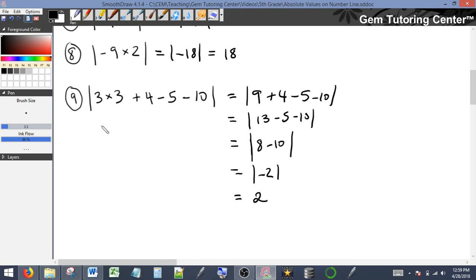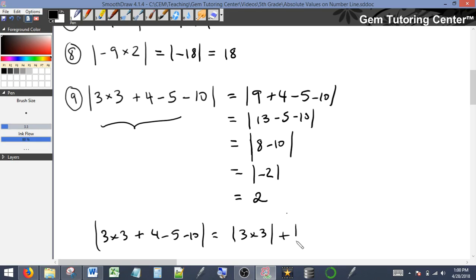So when you see something like this, you might be tempted to say, oh, well, the absolute value of 3 times 3 plus 4 minus 5 minus 10 is equal to the absolute value of 3 times 3 plus the absolute value of 4 minus 5 plus the absolute value of negative 10. This is wrong. Do not do this.